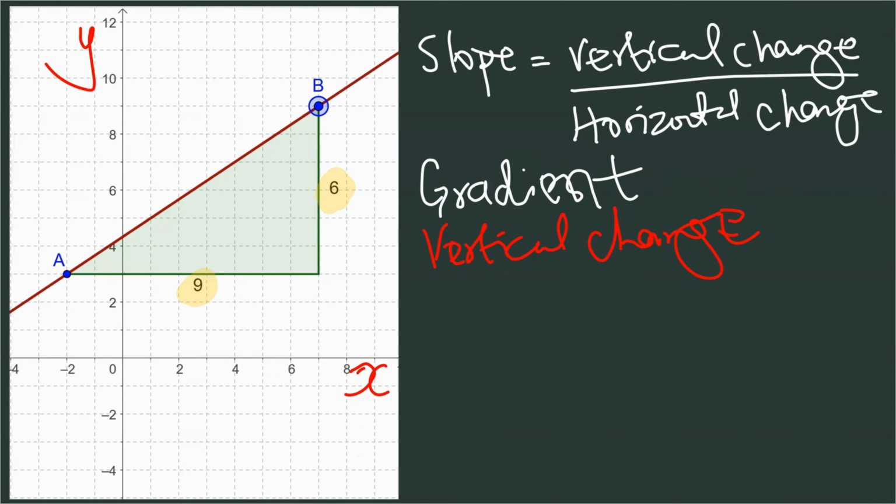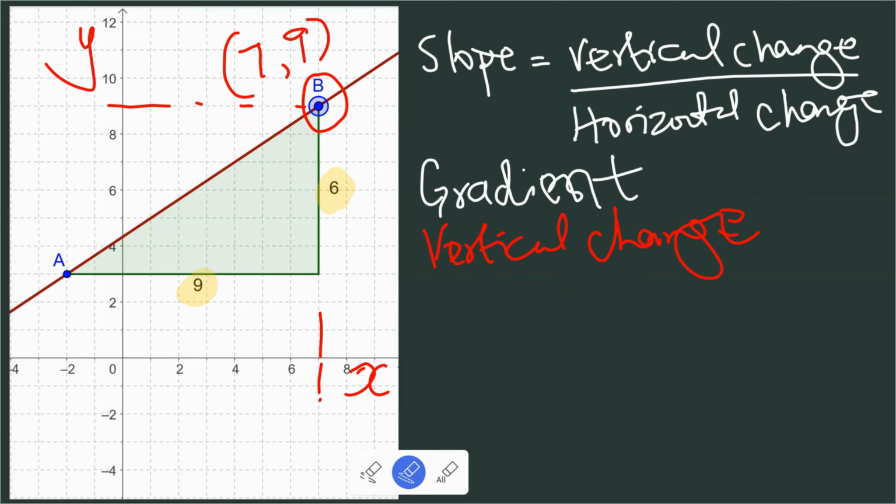Now, you see here there's a B. Let's find the coordinates of B. For x, we have 7, and for y, we have 9. So the coordinates of B are 7, 9: 7 for the x-axis and 9 for the y-axis.